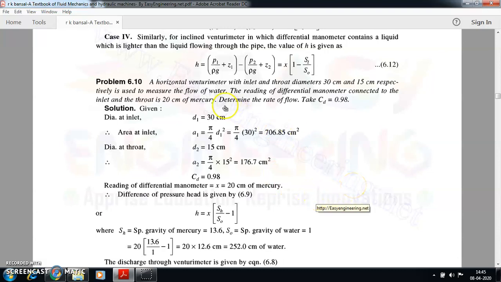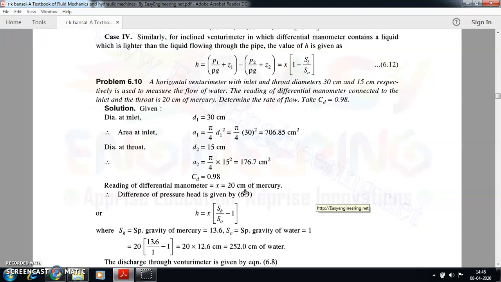Now, this horizontal venturimeter is used to measure the flow of water. So water is the liquid which is flowing through the pipe. The reading of the differential manometer connected to the inlet and the throat is 20 centimeter. So what is that particular reading? That is small x, which is 20 centimeter. Convert it into meters.